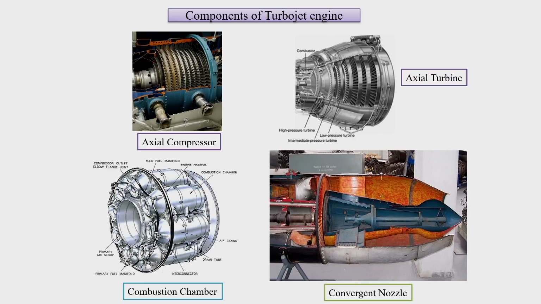Here the rest of the power is given to the nozzle, and that nozzle expands the gas present at its inlet, which is high pressure high temperature gas, and the expansion of that gas leads to the thrust for us. So an axial compressor or centrifugal compressor can be used as components for the turbojet engine.